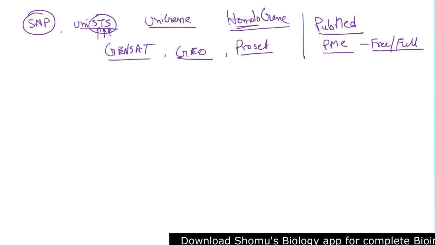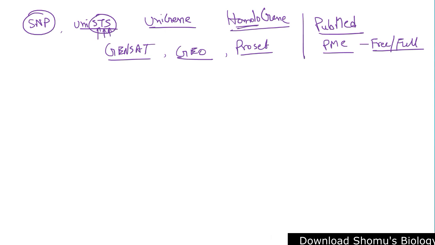So these are all the different kinds. Sometimes they will ask a 1-mark or 2-mark question about what this particular tool or database is useful for. All you need to understand is whether the term we are using is a database or a tool. There is a difference between them.